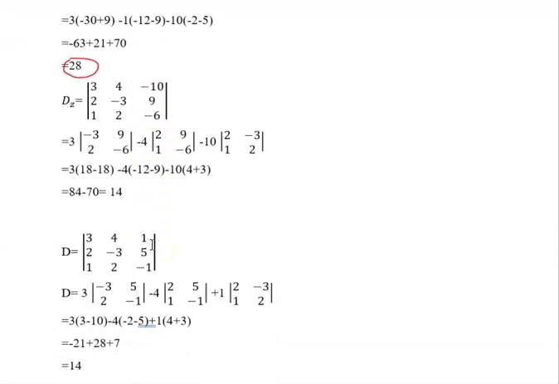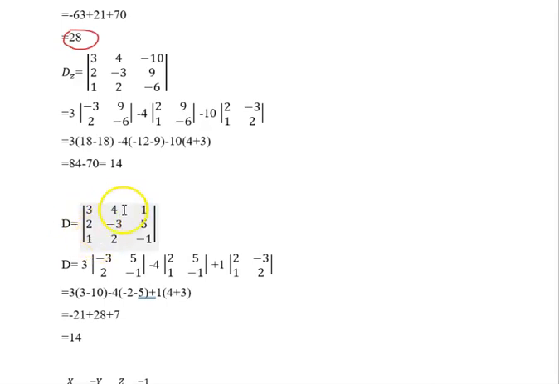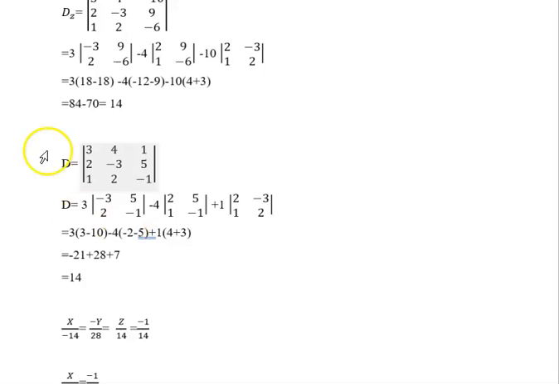You pick the other coefficients 3, 2, 1, 4, negative 3, 2, 1, 5, negative 1. Then again, you find the determinant, and you get 14.